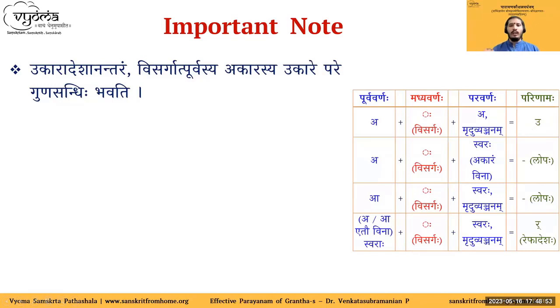After we get the ukaradesha, in the final form we will have a, which was the purvavarna, and in place of madhyavarna visarga we have got u. And later in the paravarna we will have either mృదువ్యంజన or a. So here if we see the purvavarna and madhyavarna, it has become a and u. Between these two we have to do gunasandhi. If we do gunasandhi, a, u, we'll get o as the adesha.